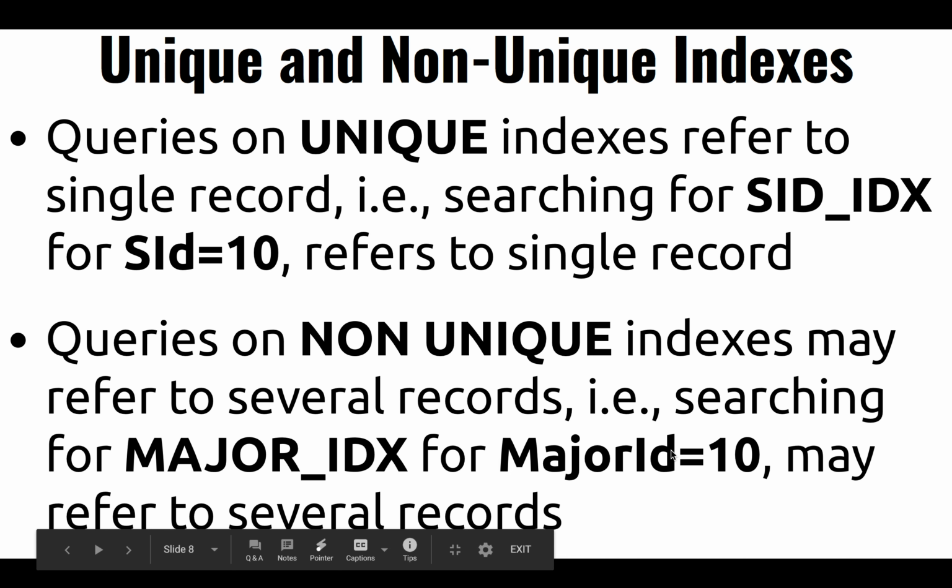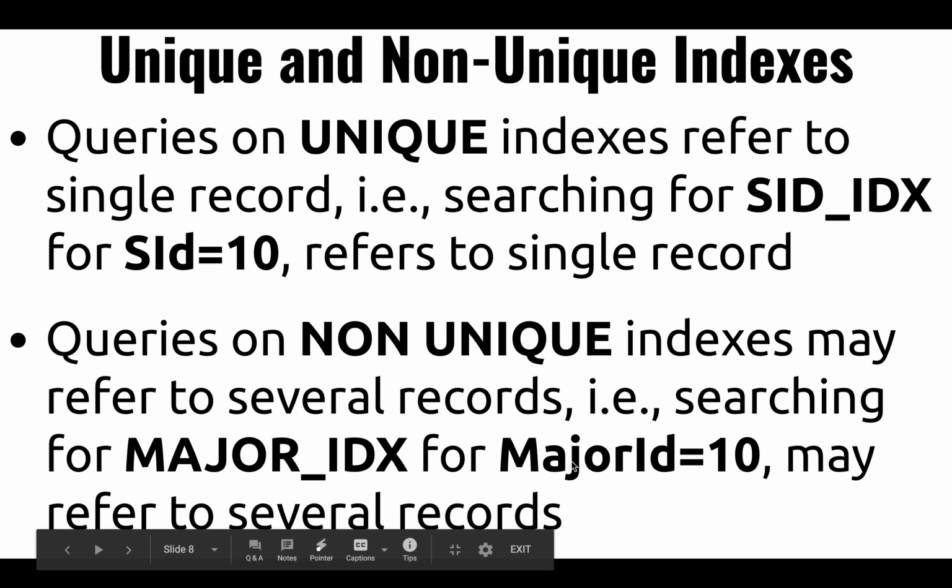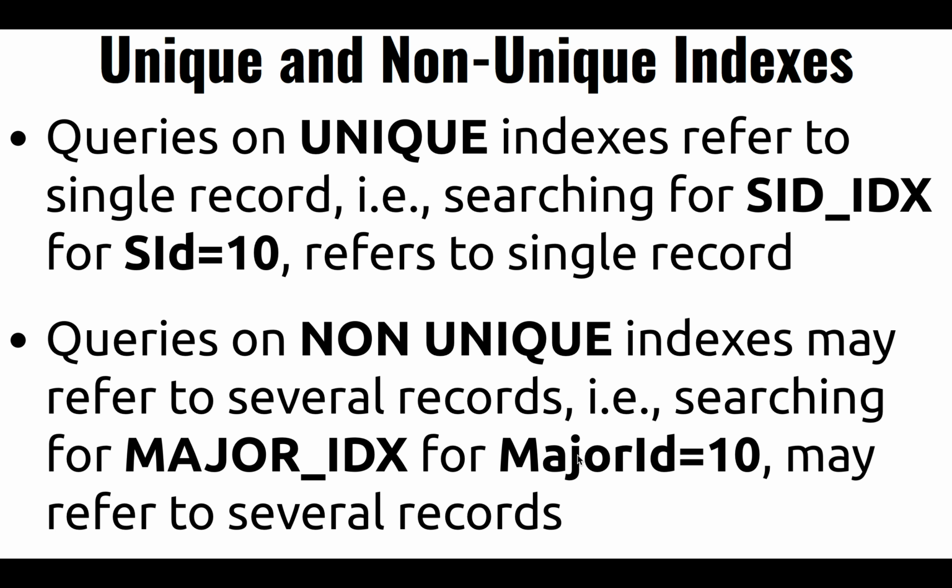And we'll see that the performance of one or the other is heavily impacted by whether it's unique or not. Also, for the non-unique index, it is heavily impacted by the ratio of how many records are referenced by this foreign key with respect to the overall records.